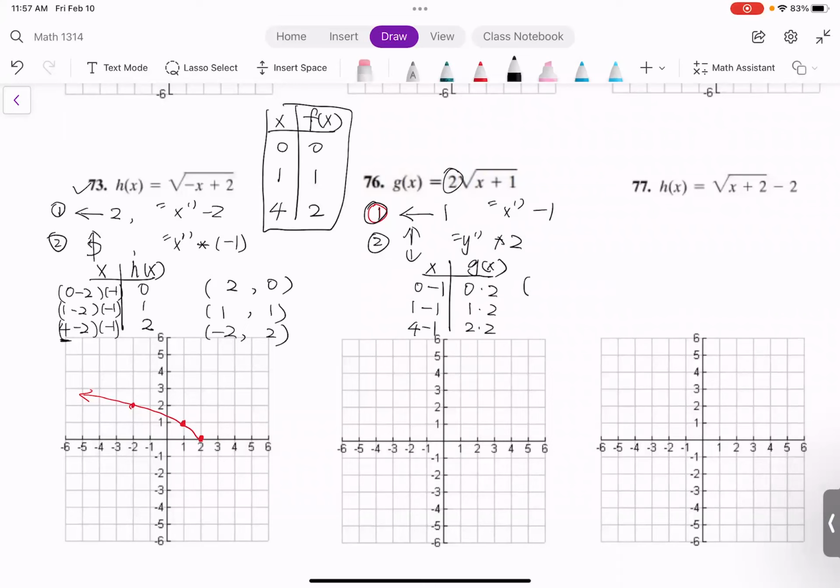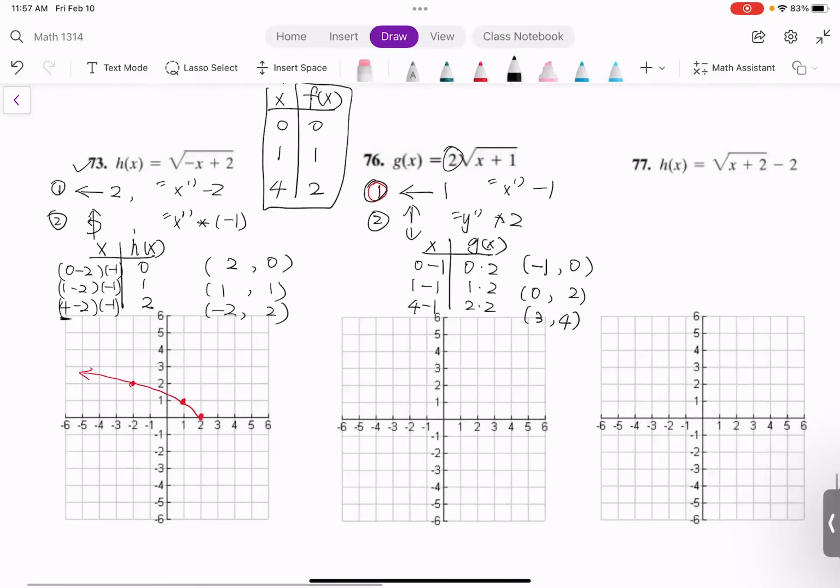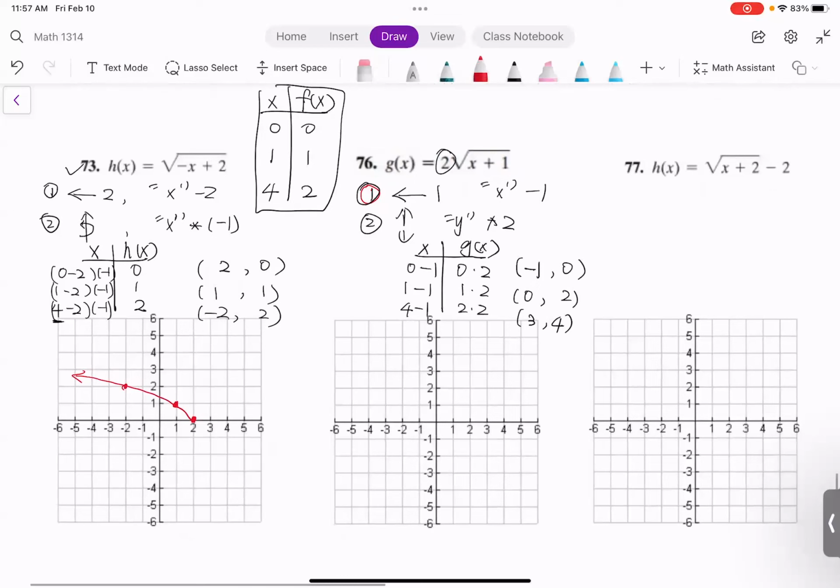The new key points are -1, 0, 0, 2, 3, 4, and plot the points on the graph. -1, 0 here, 0, 2, and 3, 4. Yes, they are the key points. And then line them up, and we have a graph like this.